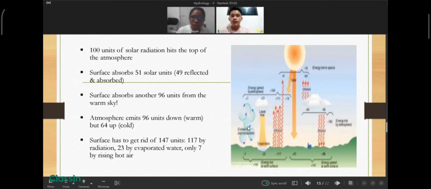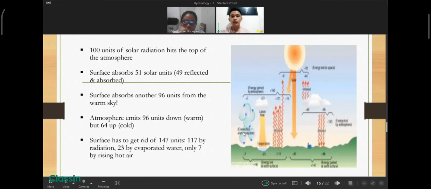The atmosphere emits 96 units down, which is warm, but 64 up, which is cold. The surface has to get rid of 147 units: 117 by radiation, 23 by evaporation, and only 7 by rising air. So this is the process of the solar radiation na pupunta sa Earth.